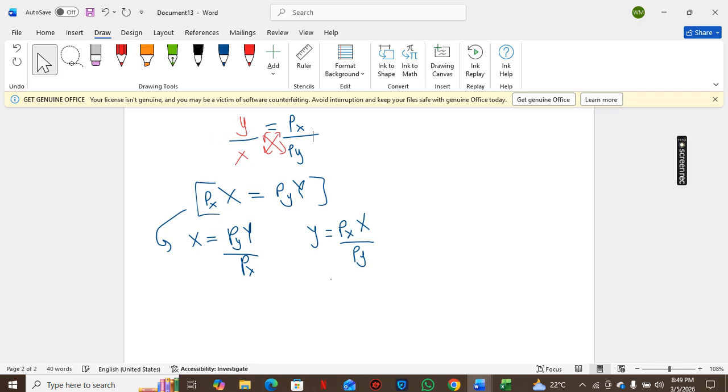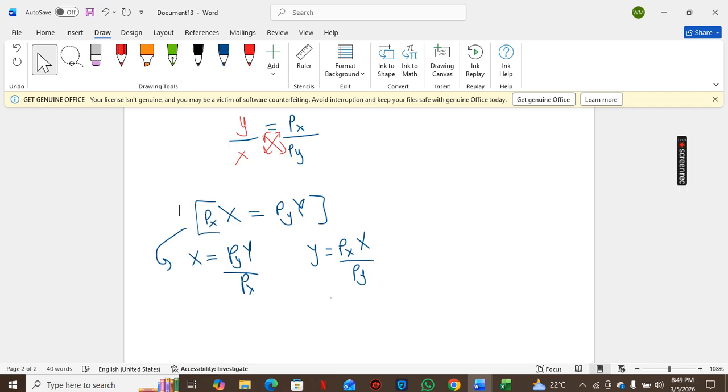Okay, step 3, substitute your values of x and y back into the budget constraint equation.